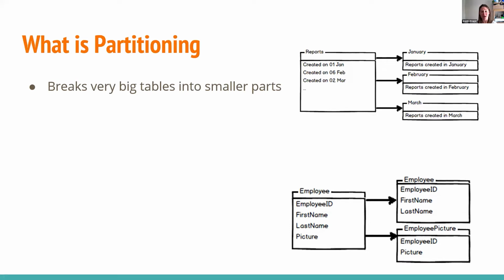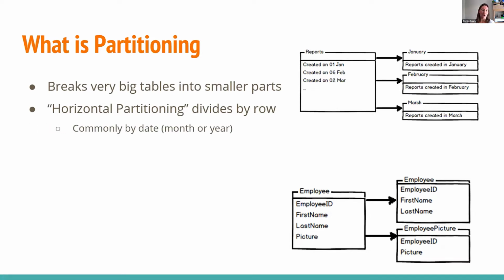You have different types of partitioning. What I'm going to be talking about here is horizontal partitioning, where you're dividing by row. You do have a concept of vertical partitioning, where you divide by column, but it's out of scope for this session, but it does exist. For horizontal partitions, any examples I reference will basically be using dates, since it's the most commonly used use case for horizontal partitioning.